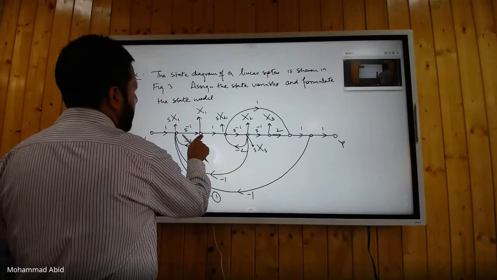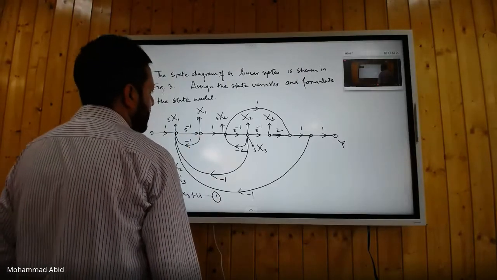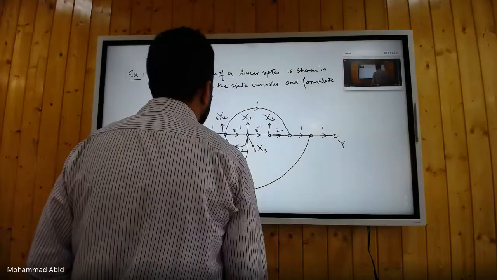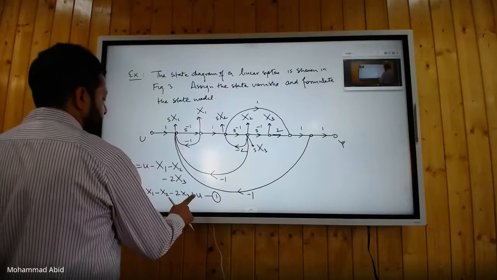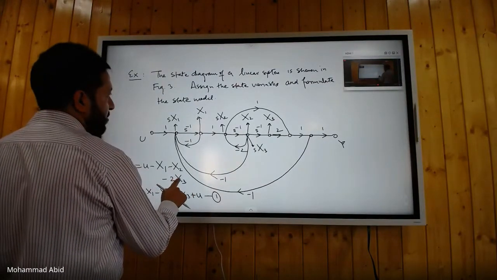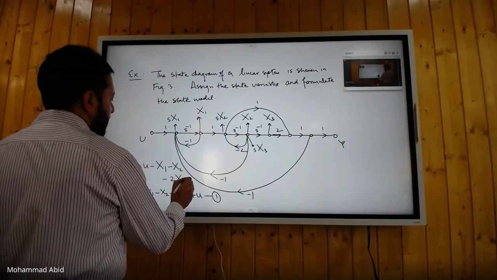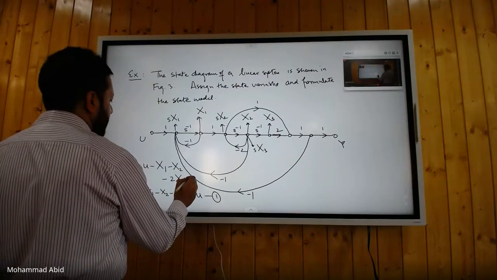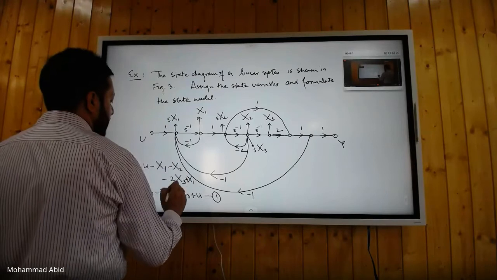Sir, x1 plus 2x3 is also coming. x1 plus 2x3 will be the node. So the signal here will be minus 2x3 plus x1.